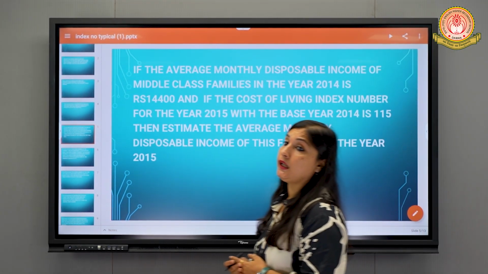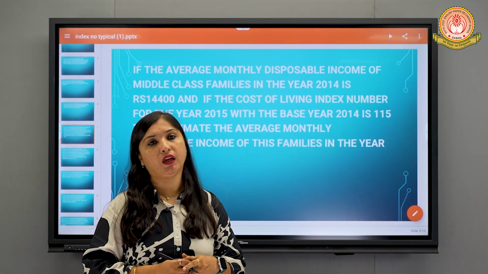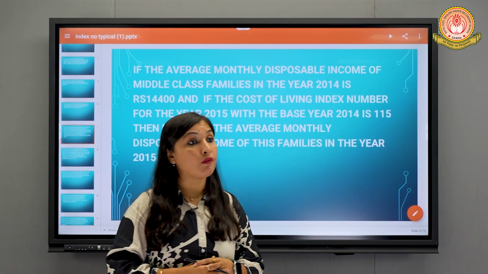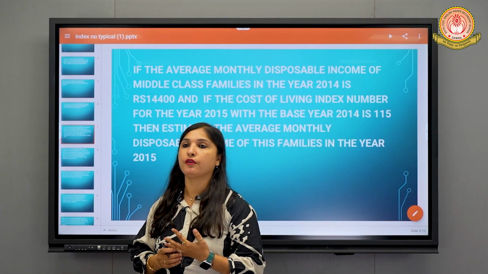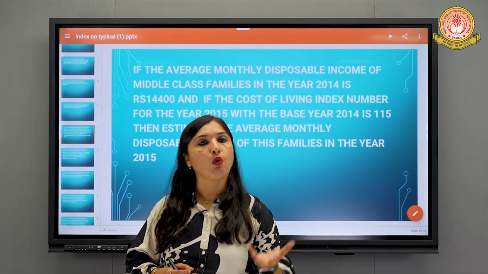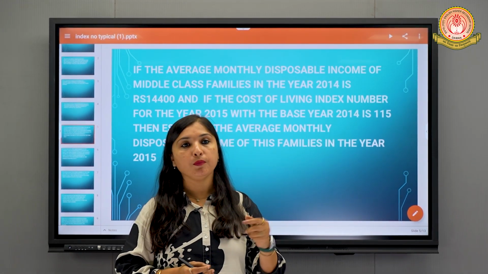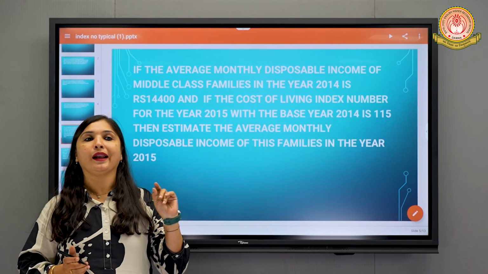Yes, there is a continuous increase in the prices, and as prices increase, the purchasing power should also increase, right? And for the purchasing power to increase, the worker has to earn more income. Is it clear?